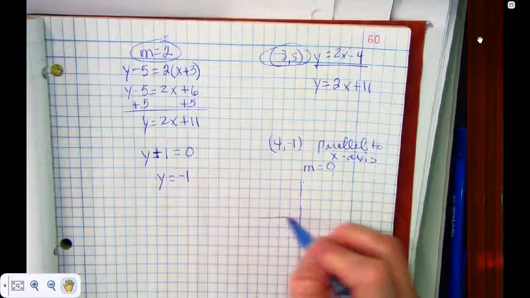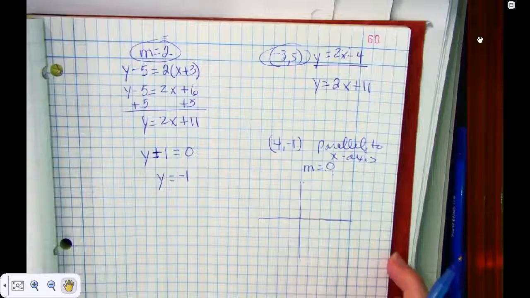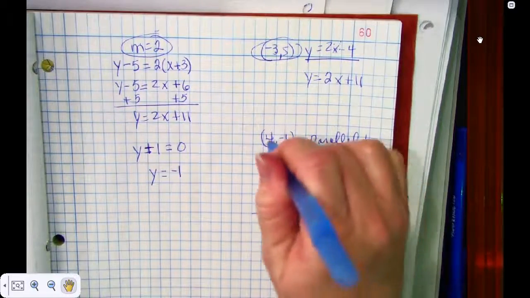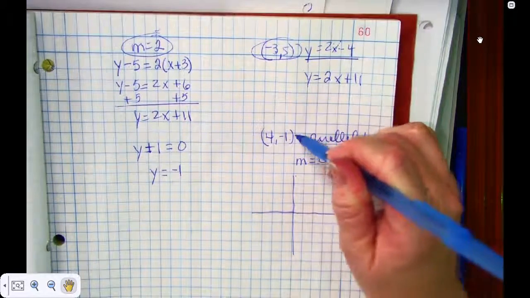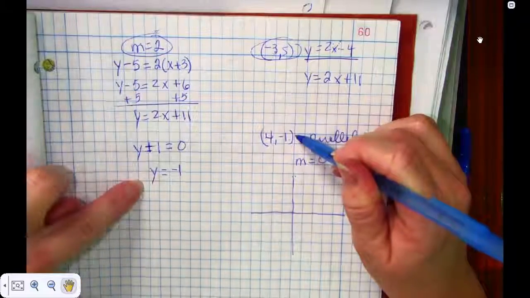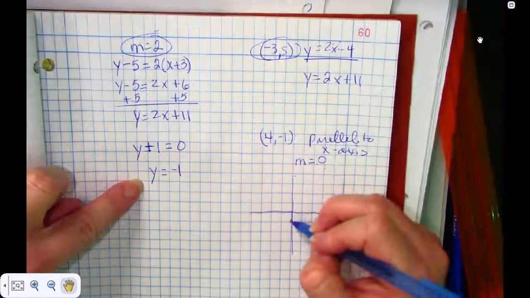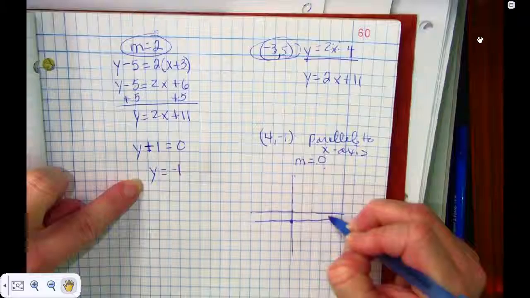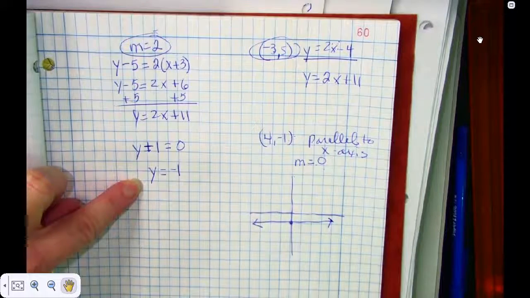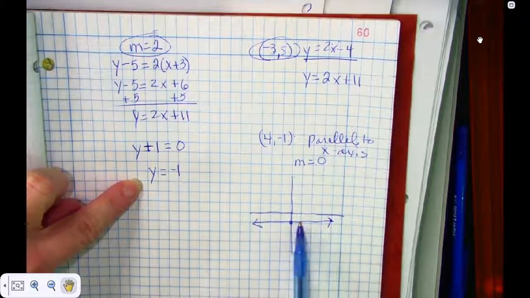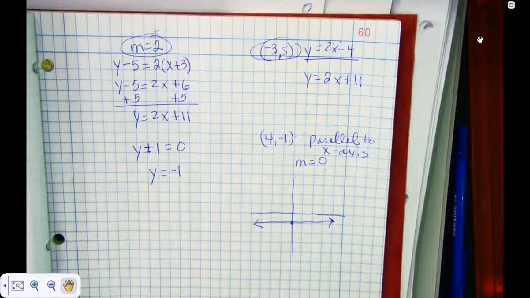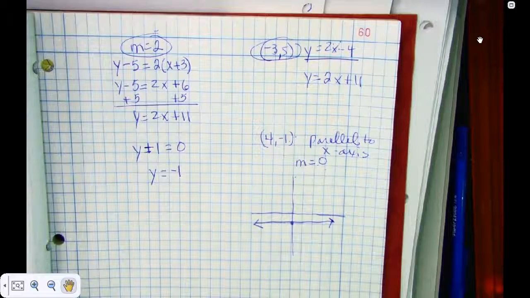On the graph, you don't have to graph it, but let's think just a minute. 4, -1, y is -1, right? So, that's going to be the line. That's parallel to the x-axis. True?